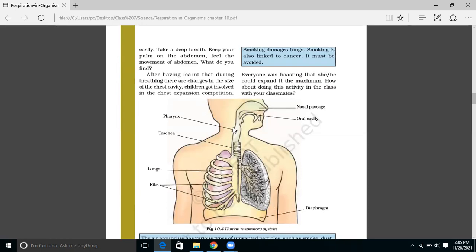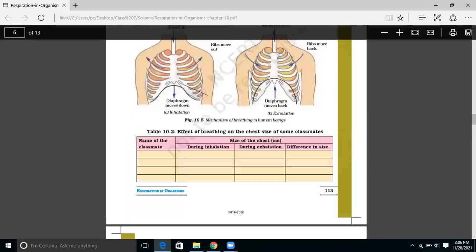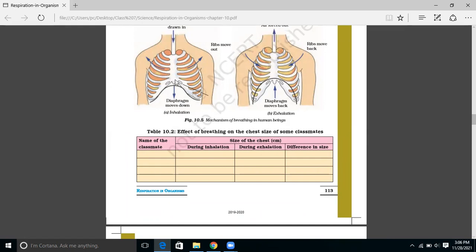And when the oxygen rich air is moved in, the lungs are filled during inhalation, and during exhalation, how the diaphragm moves, then how the diaphragm moves down and the ribs move out during inhalation. But in exhalation, it's the reverse, that the ribs will move back and the diaphragm also will come back.